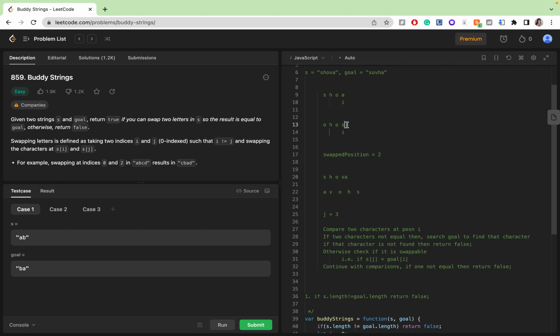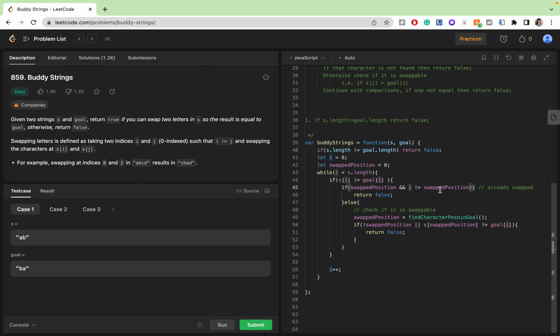S and O, what is here? S H O S. So O and S are not equal, but since they were already swapped, isn't it? It is at swapped position.